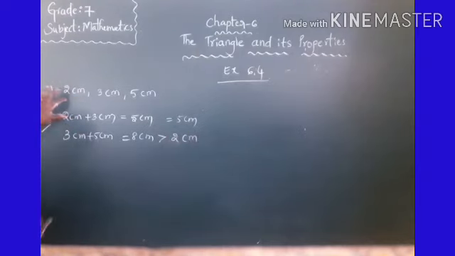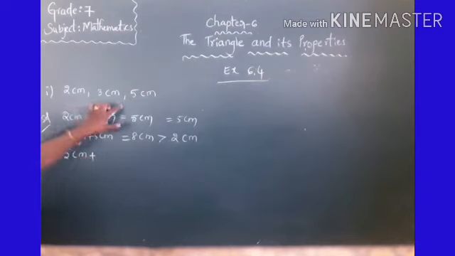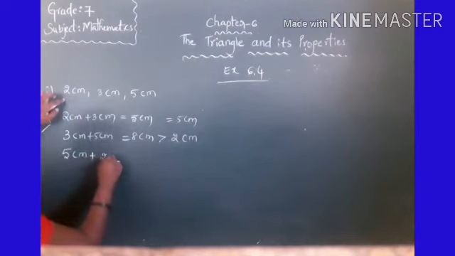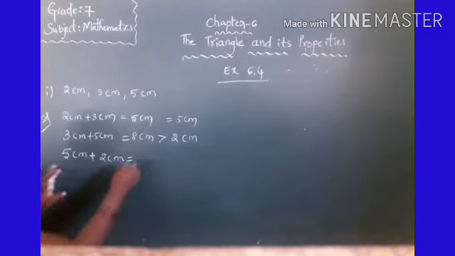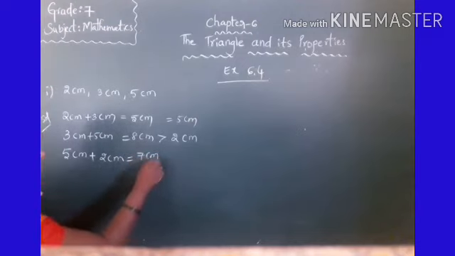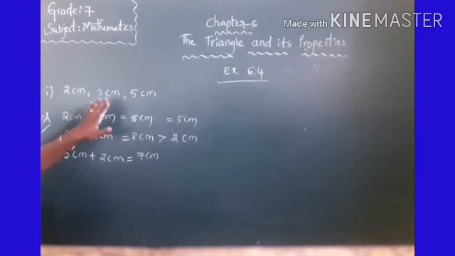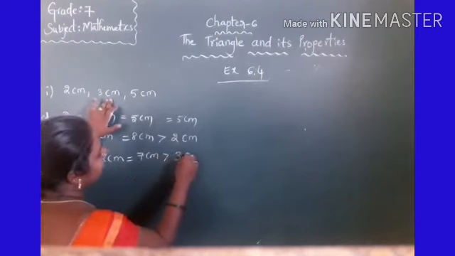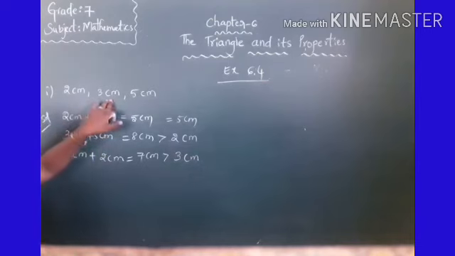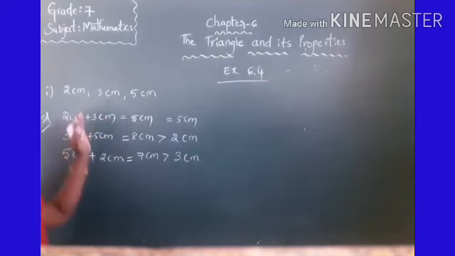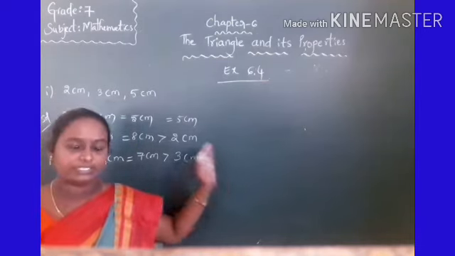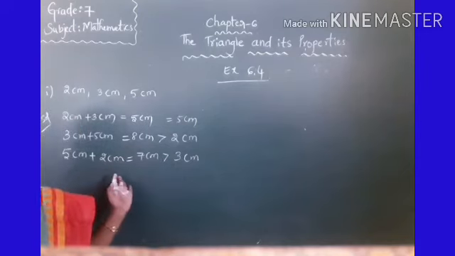Next take 5 centimeters plus 2 centimeters. It gives 7 centimeters. These 7 centimeters are greater than the third side. Yes, it is greater than the third side. But here, is it possible to construct a triangle?